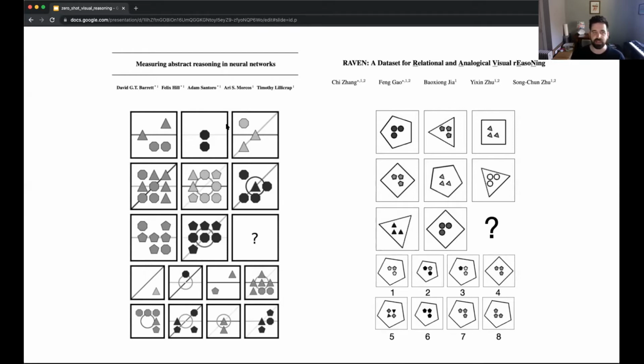And so that's led to the development of these two benchmark data sets. One is the programmatically generated matrices, or PGM, that was put out by DeepMind a few years ago. And the other is the Raven data set that comes from a group here at UCLA. These both basically contain a very large number of automatically generated problems based on the same kinds of relations and rules that are found in the actual RPM problems.